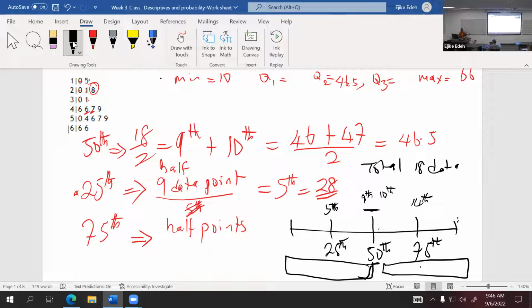Some textbooks will say take the median, or take the middle position between the 4th and the 5th, or some will say round up. Some will say round according to the decimal place. So if I have 4.25, I should round down to 4. 4.75, I should round up to 5, right?